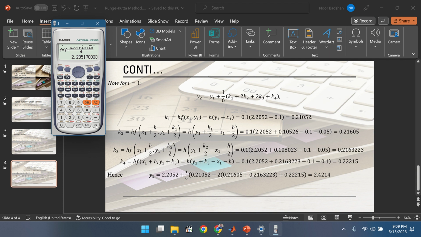Pressing equal, again it asks for m, but m is fixed because we are talking about h equal to 0.1, so I don't need to change this value again. I'll just press equal again to get the value of y. We don't need to change it because we'll be using this value 2.20512. Press again. Now it asks about x. For the second step, we take x1, where x1 is now 0.1. So I'll replace this with 0.1.